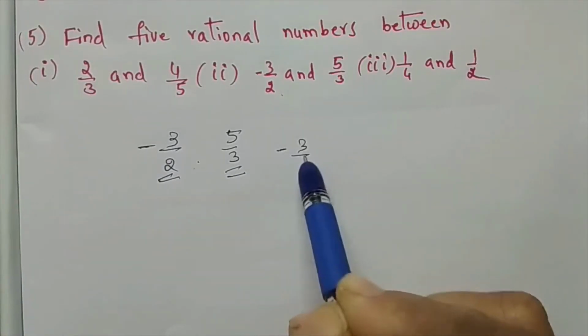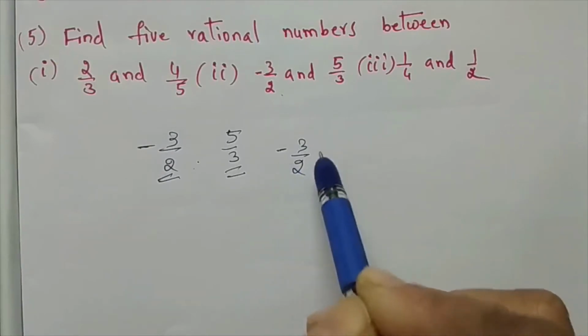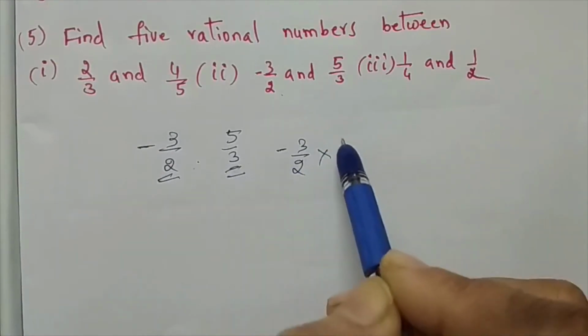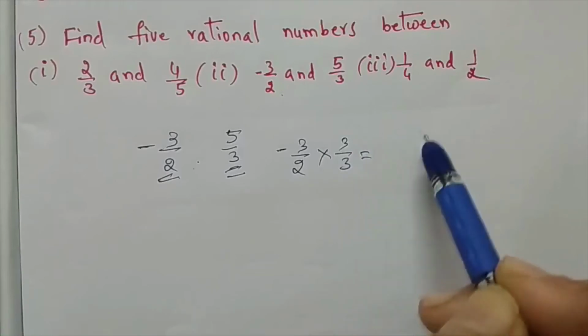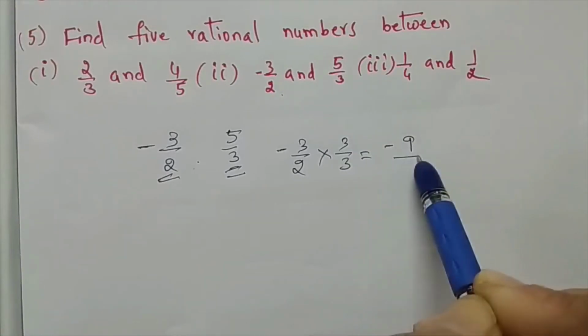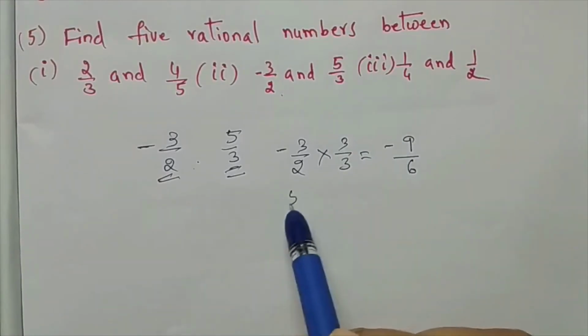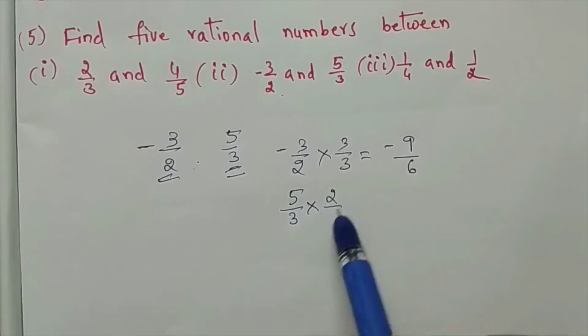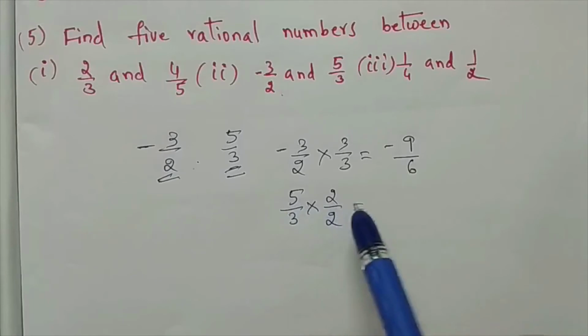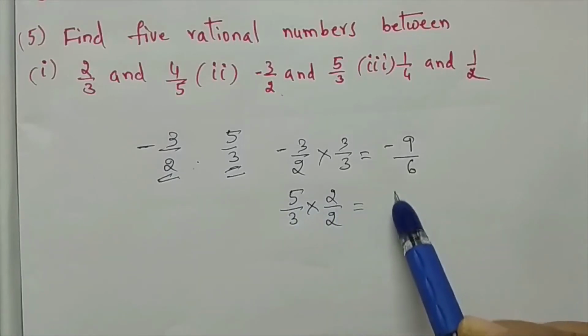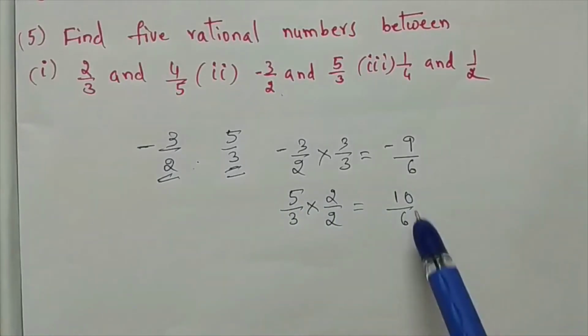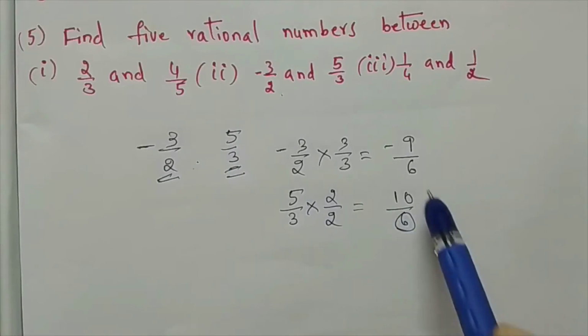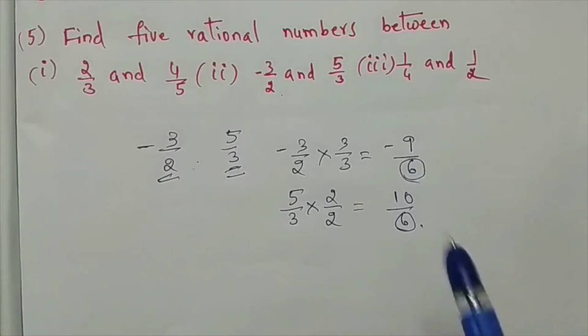So minus 3 by 2, we have to multiply minus 3 by 2 with 3 by 3, and it becomes minus 9 by 6. We have to multiply 5 by 3 with 2 by 2, so that 5 by 3 becomes 10 by 6. So here we have same denominator 6.